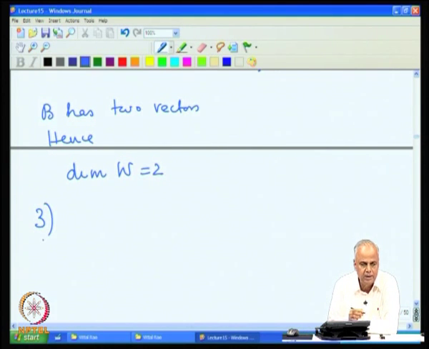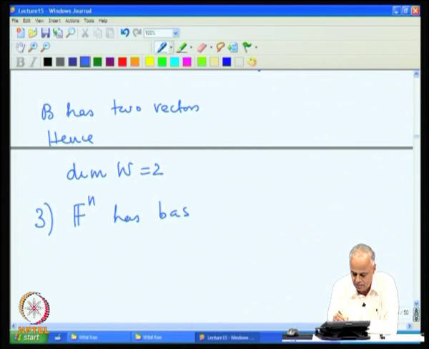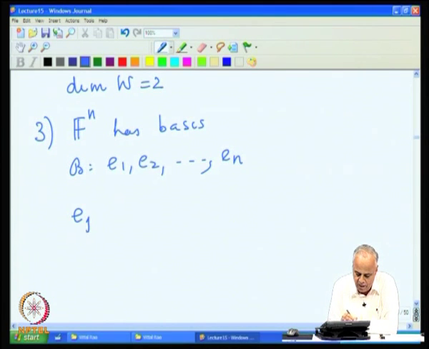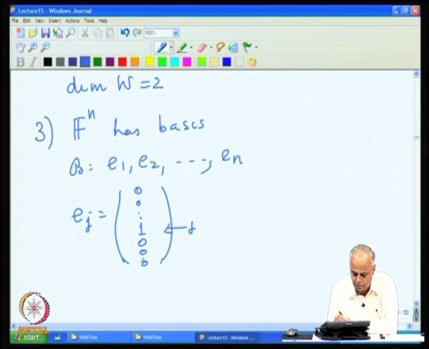And now extending this idea of F3 to Fn, the vector space Fn has basis E1, E2, etc. En, where Ej has 0, 0, etc., until you come to the jth component, which is 1, and all the others are 0, for j equal to 1, 2 up to n.